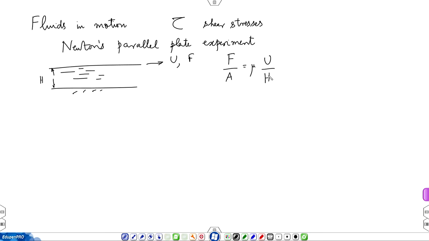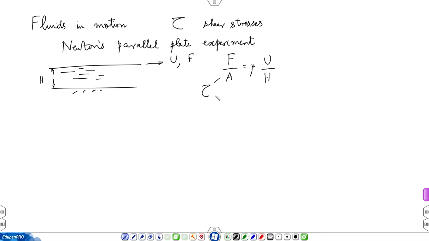Okay. So, this F over A, because that force F is applied parallel to the fluid surface, it is not normal. Normal would be equivalent to pressure. This is parallel to the surface, it is a shear stress. Okay. It is called a shear stress. This is how you can think of the application of shear stress.